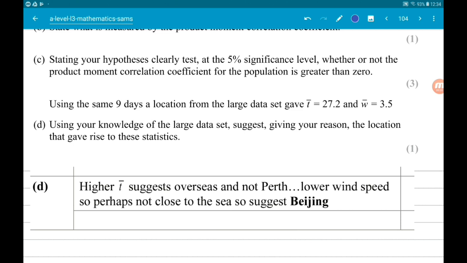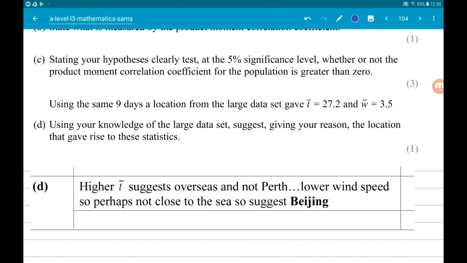By the time you're watching this, it won't be the large data set that you're using. So, I've just put the answer here from the mark scheme. Because there was a higher mean temperature, that definitely suggests that we're not in the UK. That makes sense. And then because there was a lower wind speed, that suggested not near the sea.